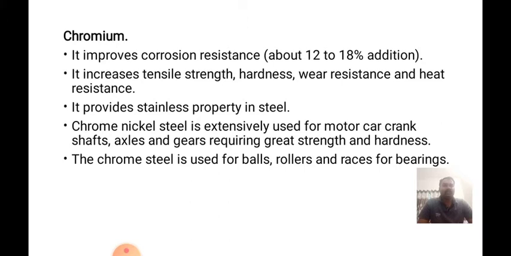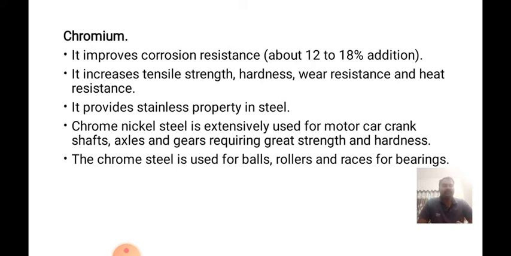Are you getting it? Why is it called stainless, why does it provide the stainless property? Because every component has iron and some alloying elements in the steel. As we use the manufactured component in any weather condition, in the atmosphere moisture content is there, oxygen is there. By the presence of moisture as well as oxygen in the atmosphere, what will happen?